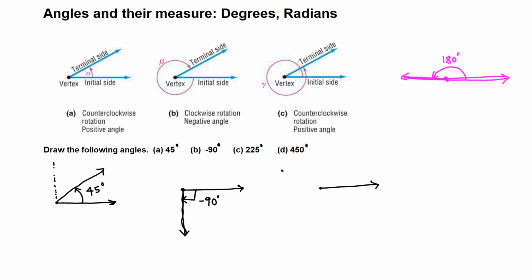How many more degrees? 45, so something like this. Positive means counterclockwise, so this is 225 degrees.